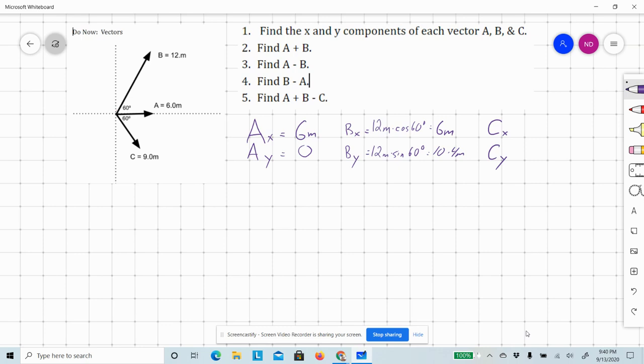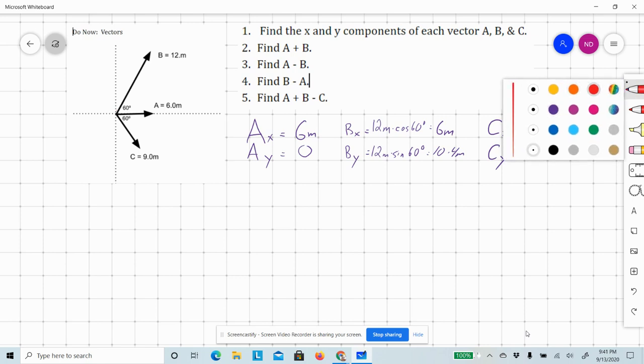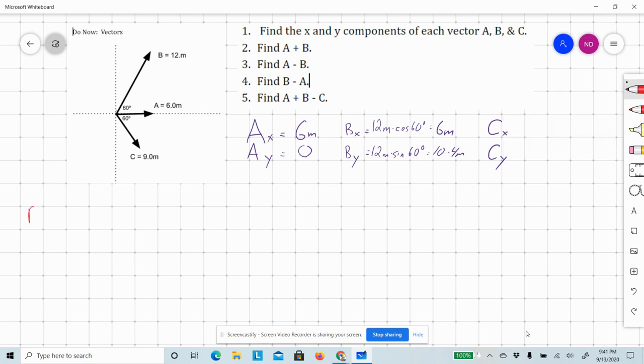So here are some very, very important conventions that you need to know about. Everything to the right, or let's say east, we consider those things to be positive. Everything that is to the left, or we'll say west, that is going to be negative.